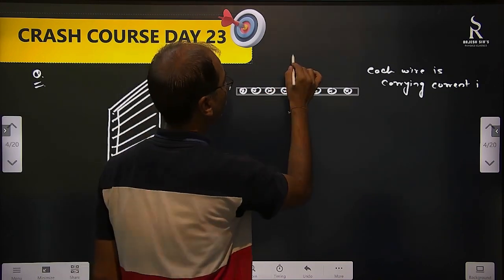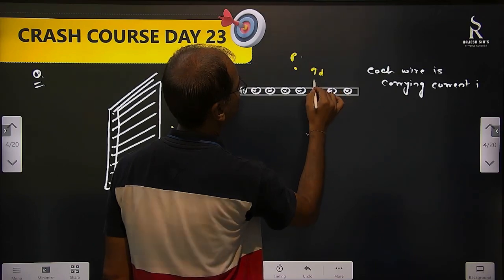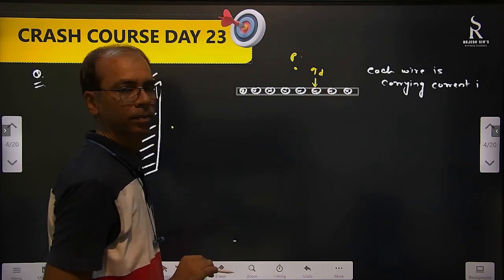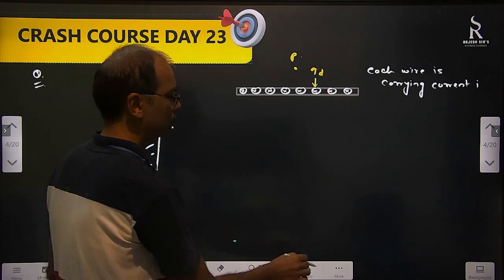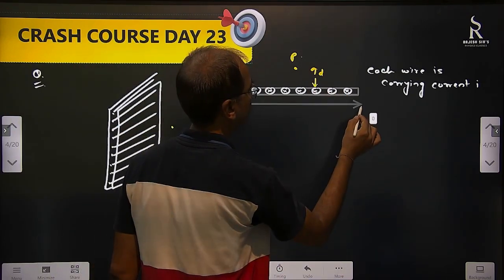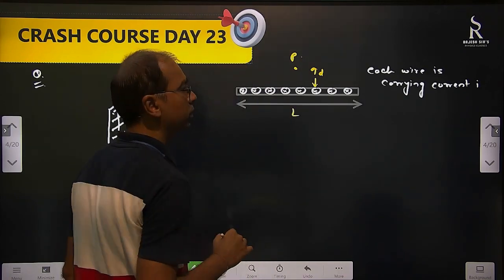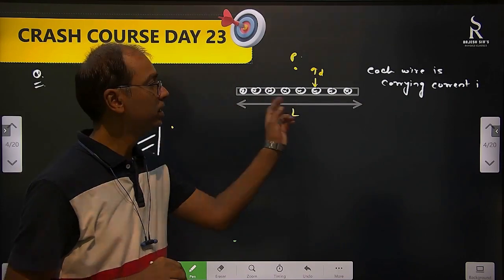Here we want the magnetic field at point P. We may take this distance as d, but this distance d is very small. Then the length of this sheet will be given to us. Take it as L. And it will be given how many wires there are per unit length.